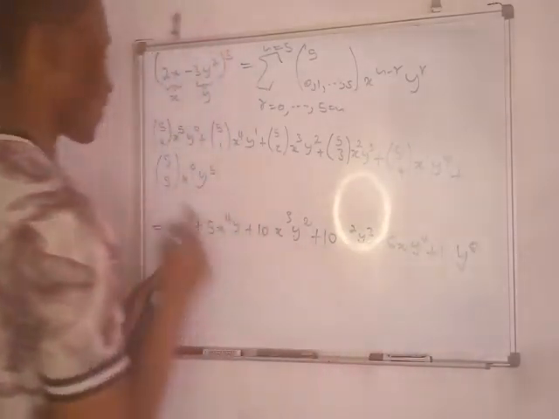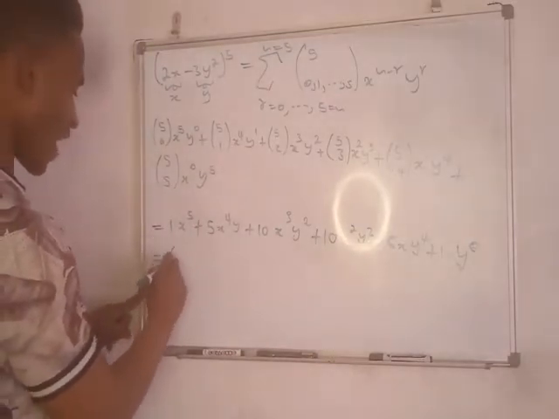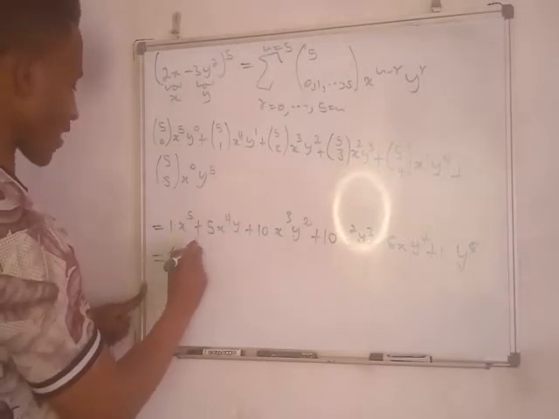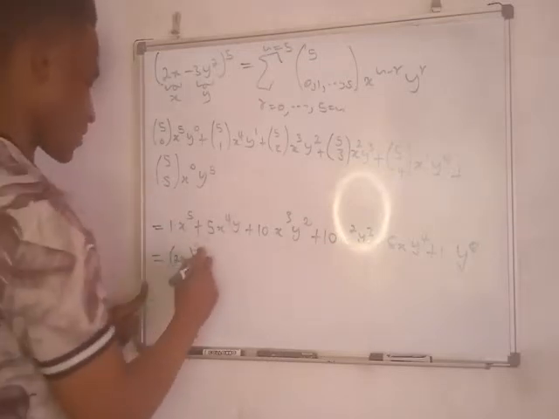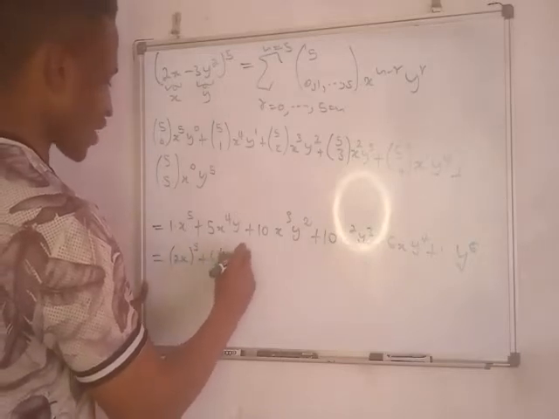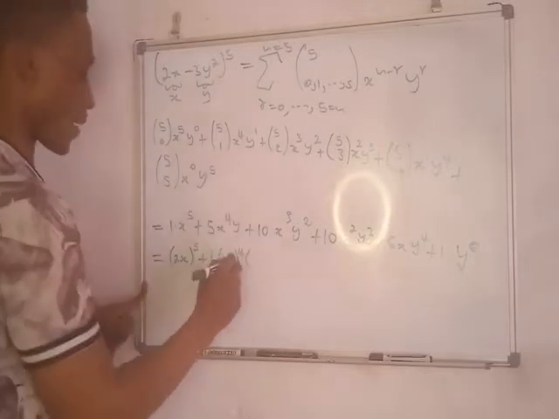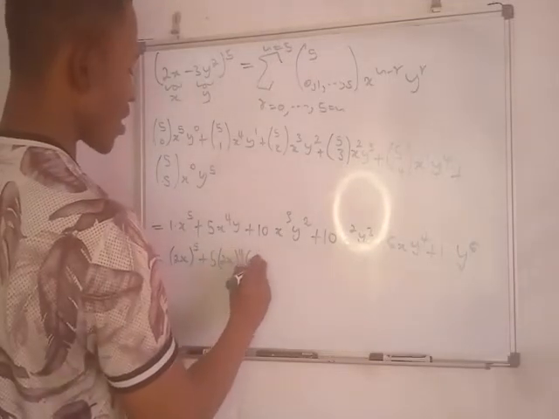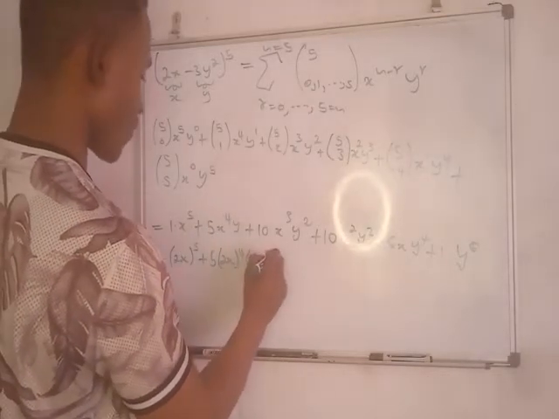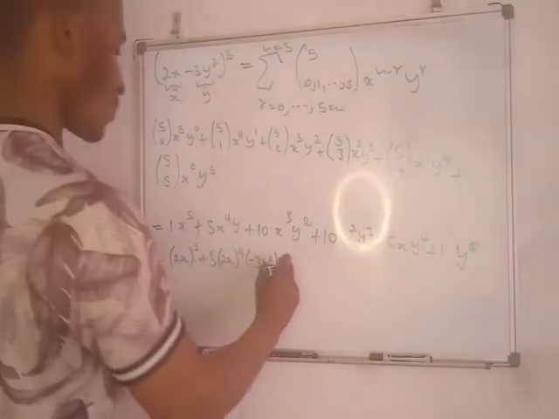But what is x? X is 2x. And what is my y? My y is minus 3y squared. So we have (2x) to the 5, plus 5 times (2x) to the 4 times (minus 3y squared).